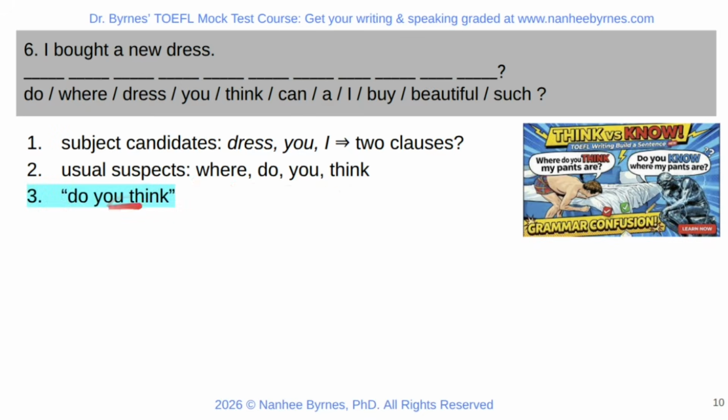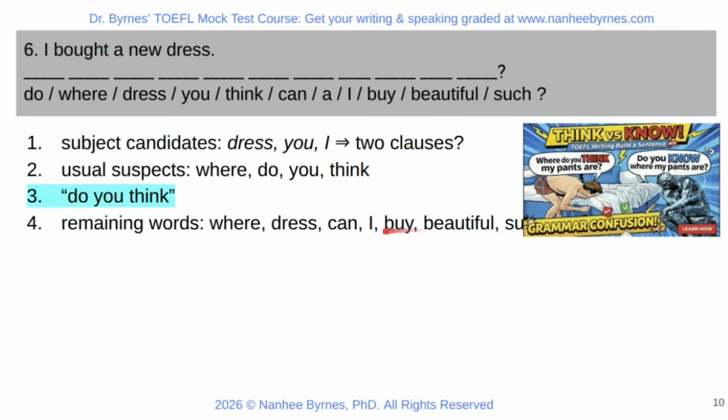The remaining words are wear, dress, can, I, buy, beautiful, such. To find the main idea, choose subject candidates, a verb, and possible complements. Here we see I buy dress. With where, we can expect a question like, where can I buy a dress?